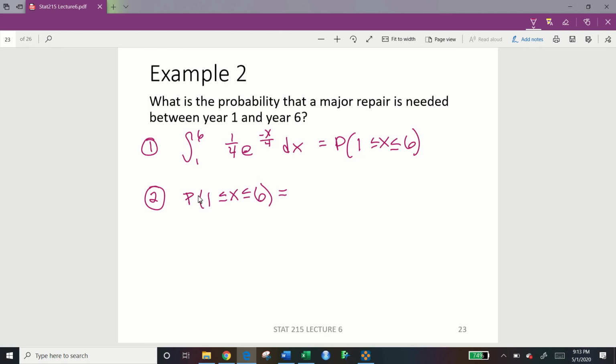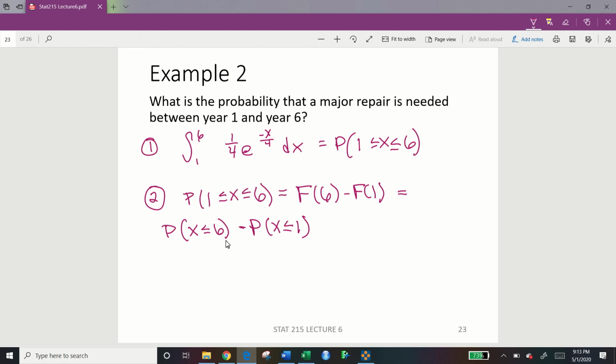But we also know that F of a number is really just the probability of x less than or equal to that number, meaning this would really be F of 6 minus F of 1, which is equivalent to the probability of x less than or equal to 6 minus the probability of x less than or equal to 1. I know that might be a bit confusing, so you should definitely go back and review.